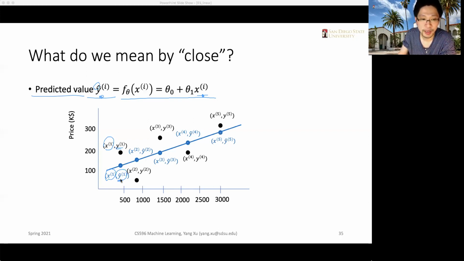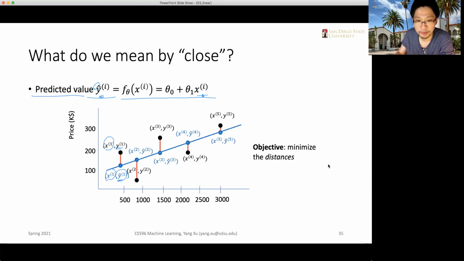Remember, we want the line to be as close to the actual data points as possible. So now we will use these y hats to define the closeness, using the distance between these y hats and the actual y's to define close.